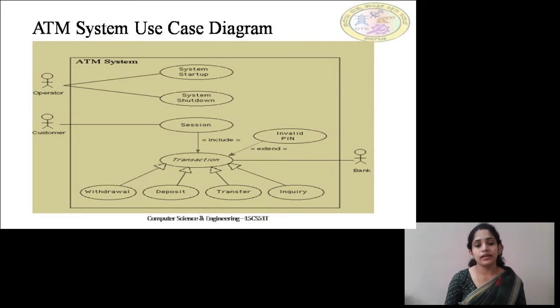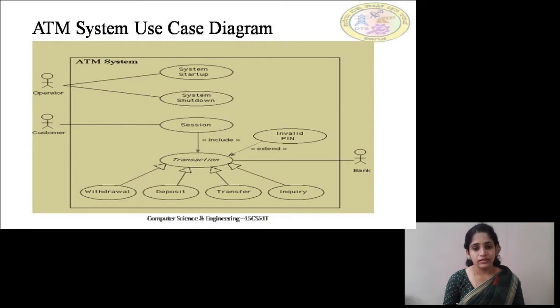The second main actor here is the customer. The customer enters the ATM machine center and starts a session by entering the PIN. He'll have a debit card, and each debit card has a PIN. The system asks the customer to enter the valid PIN.